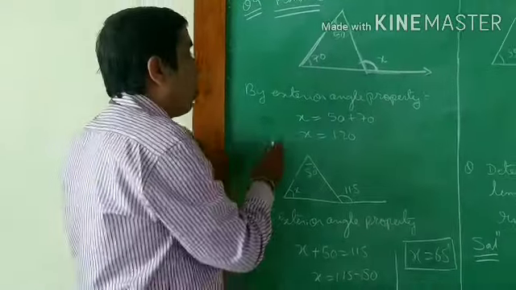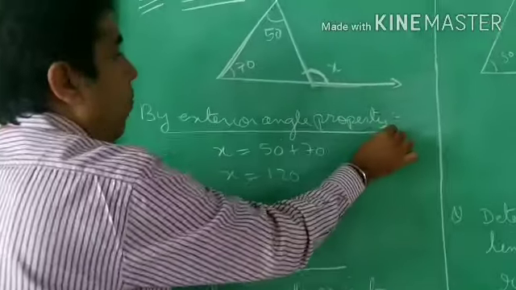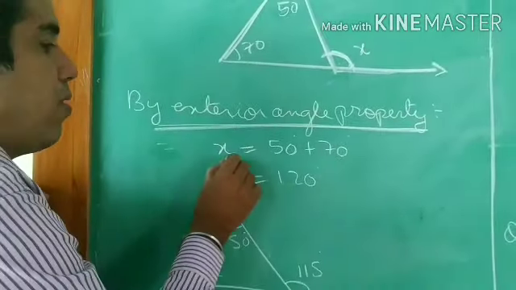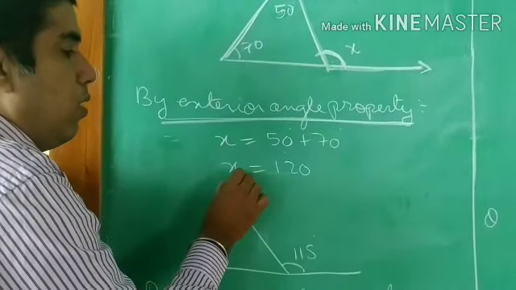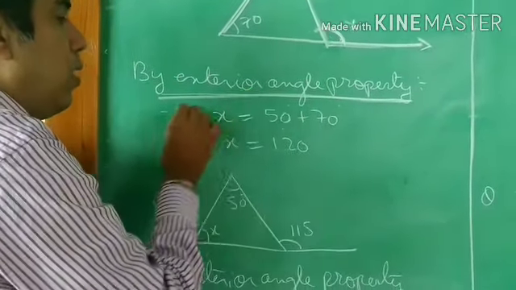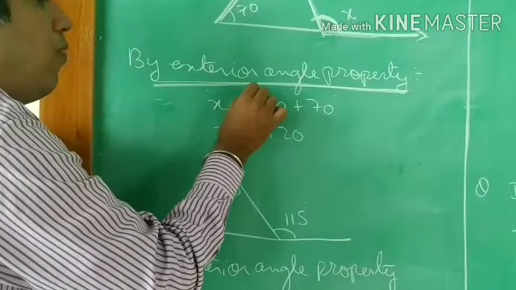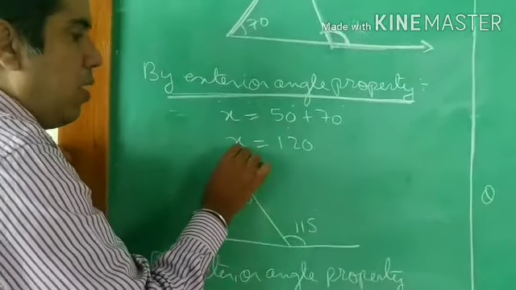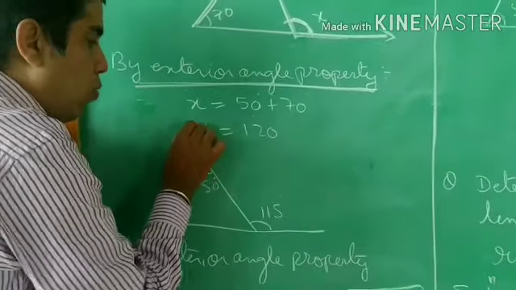So I wrote in short here, by exterior angle property, x is equal to 50 plus 70. Or you can write in detail: exterior angle is equal to sum of two interior opposite angles. So therefore it comes 50 plus 70. So x is equal to 120 degrees.